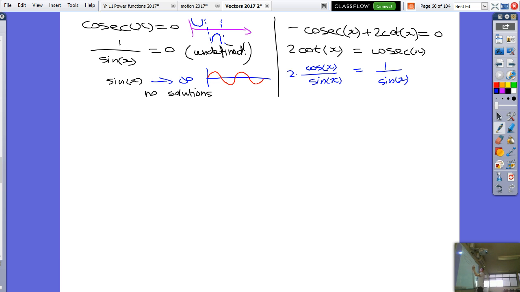We've still got that factor of 2 there. If you multiply the sine to the other side, will the sines cancel out? The sines could cancel out, but I want you to think about dividing out, cancelling out a whole factor of sine of x. That is essentially removing that whole part of the equation completely.